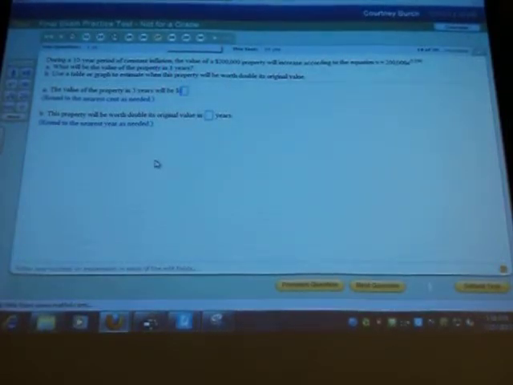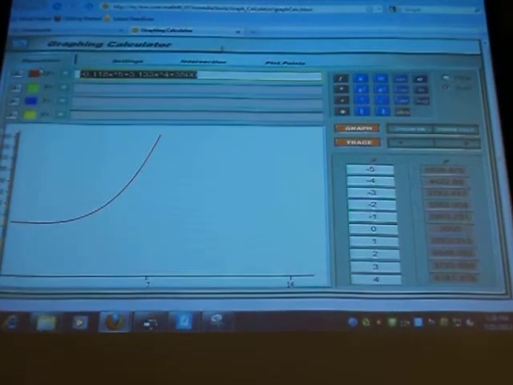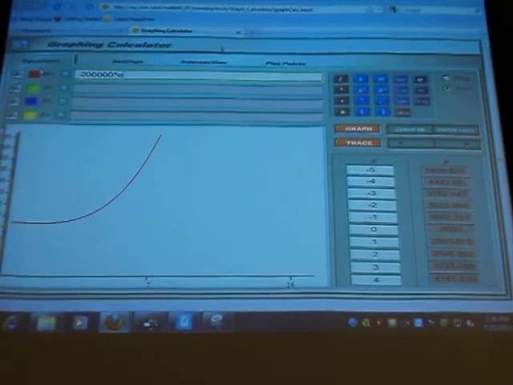This number 27 is one I would do using the graph. So I'm going to graph 200,000 e to the 0.09t. Remember to put that power in parentheses, 0.09, and instead of t, put in x.